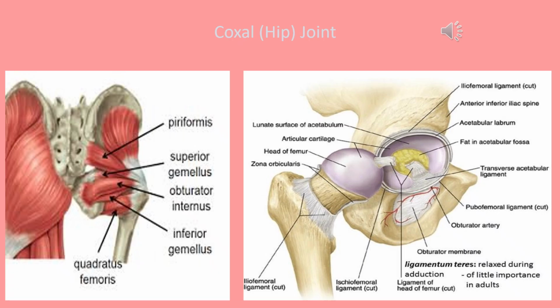So anytime we have a ball and socket joint, such as the shoulder or the hip, we have lots of range of motion, but we also have a high risk of dislocation. So we have a great number of things situated to hold the ball in the socket. Now, the ball is the head of the femur. The socket is called the acetabulum of the hip.